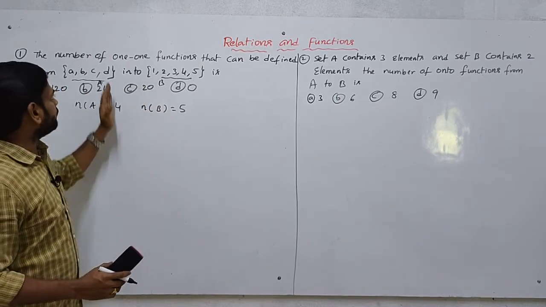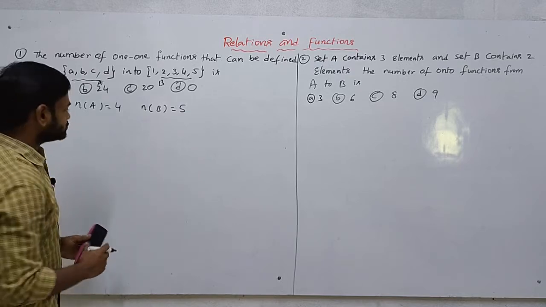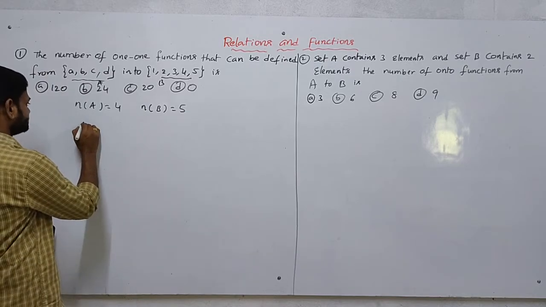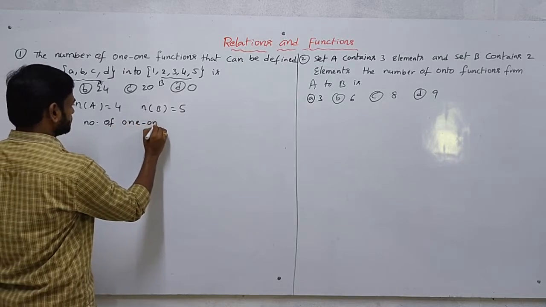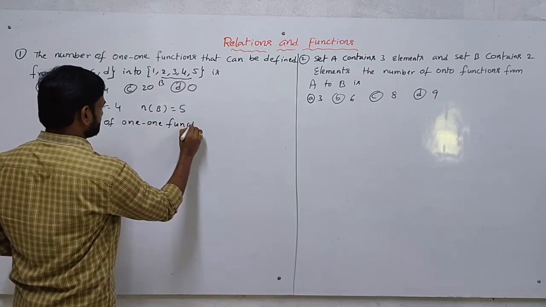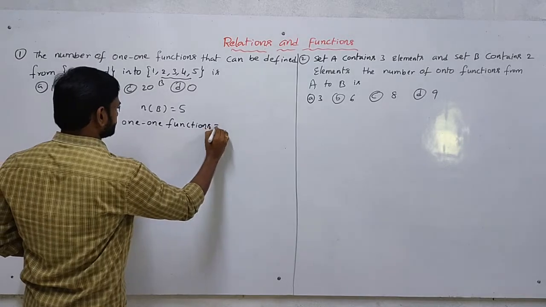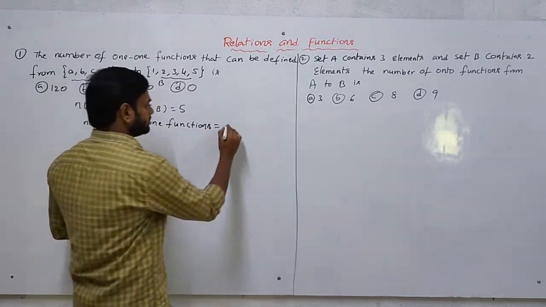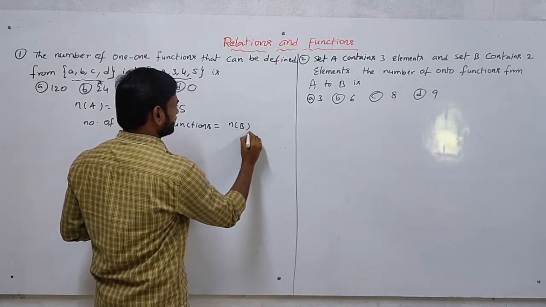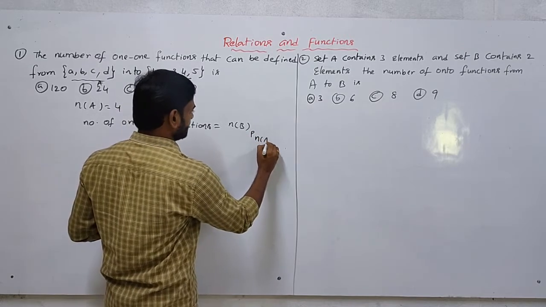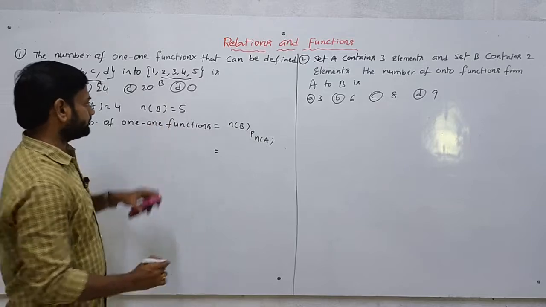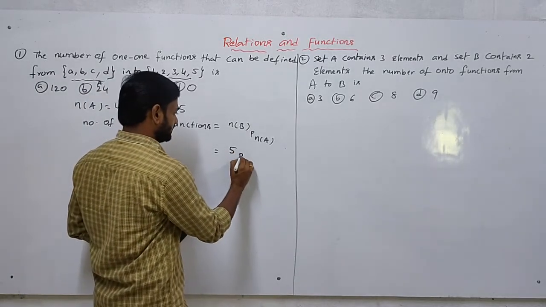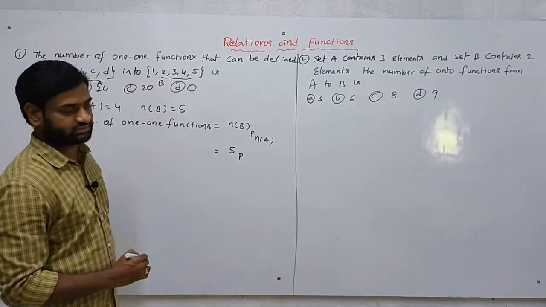Now, we have to find one-one functions. So, the number of one-one functions is equal to, what is the formula I gave already? n of B P n of A. n of B means 5. P means permutations here.